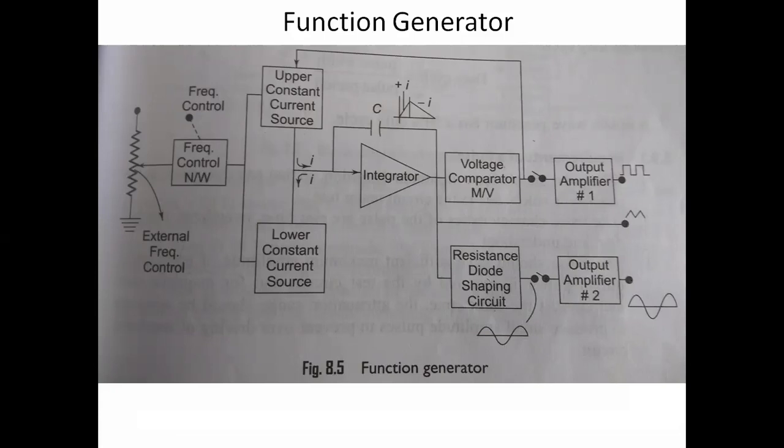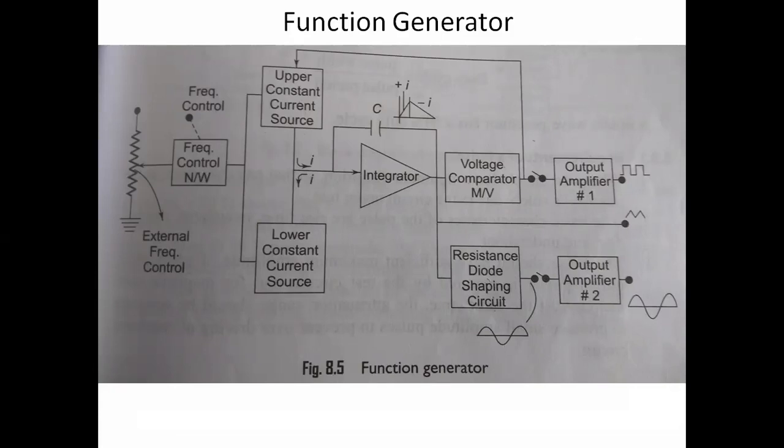Suppose we want to test the linearity of an amplifier. For that we apply the square wave input, and we can observe the output waveform of the transistor in the CRO.